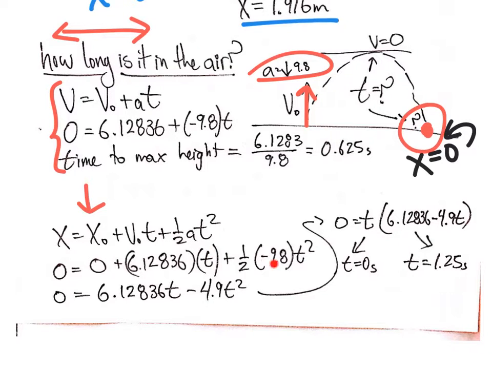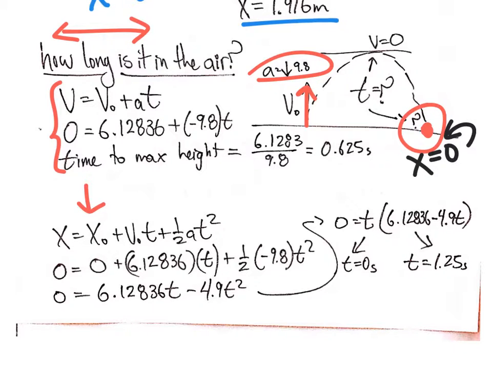Acceleration, negative 9.8. And time, we don't know. So this is the kind where you end up with t in two locations, and we have a t squared and a t. So I am setting it equal to 0 and factoring, and this gives us two answers. One is t equals 0, and one is t equals 1.25 seconds.